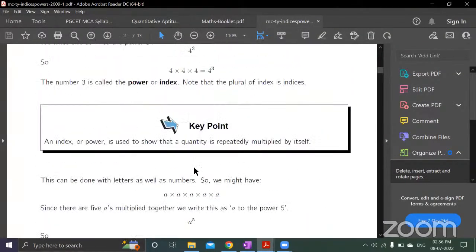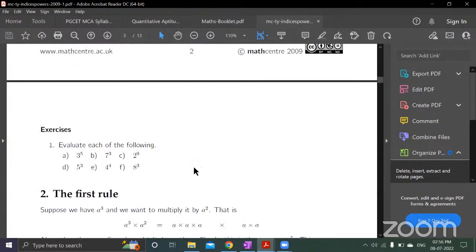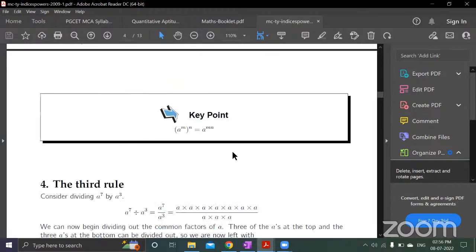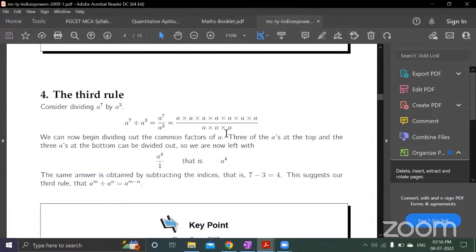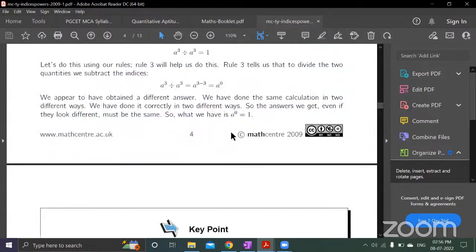So these are the rules that we have learned. The first rule is a power m into a power n equals a power m plus n. Second rule, which I have given as the fifth point: a power m to the power n is a power m into n. Third rule, which I have given as the second point: a power m divided by a power n is a power m minus n.